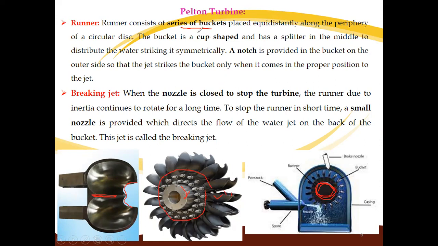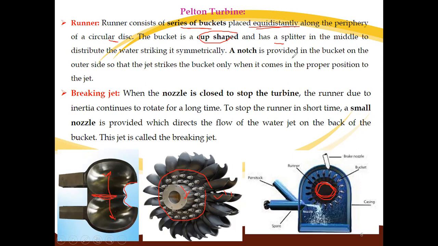The runner consists of a series of buckets placed equidistantly along the periphery of a circular disc. The bucket is cup shaped, and it has a splitter in the middle. This is the splitter which distributes water. When the jet strikes the splitter, it distributes water symmetrically, so the same amount of water strikes this part of the splitter and that part of the splitter.